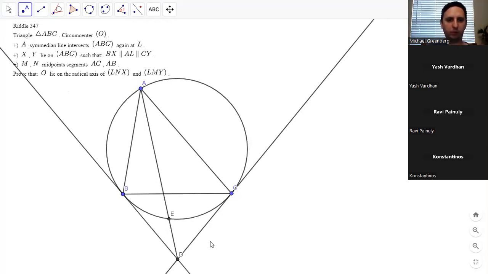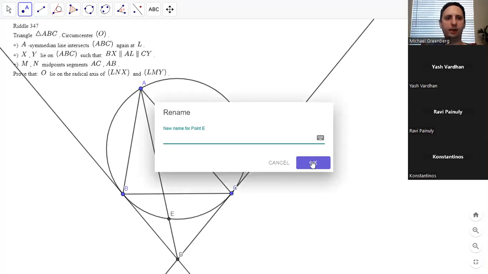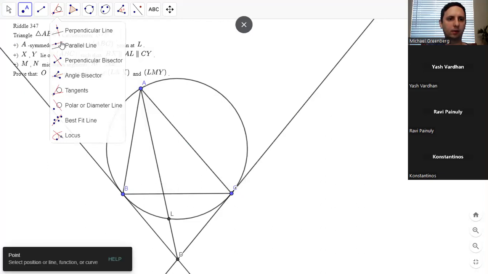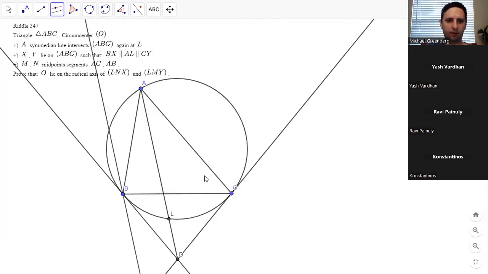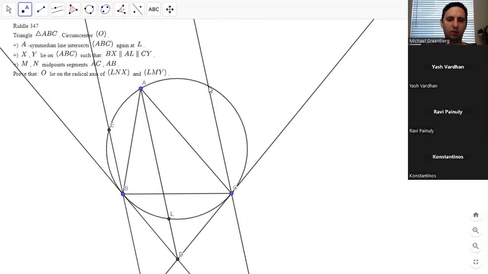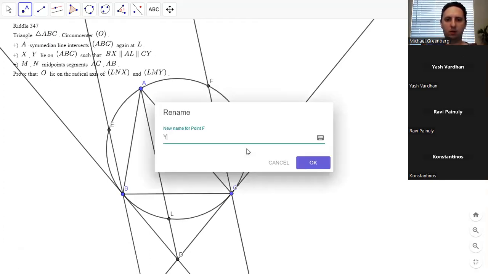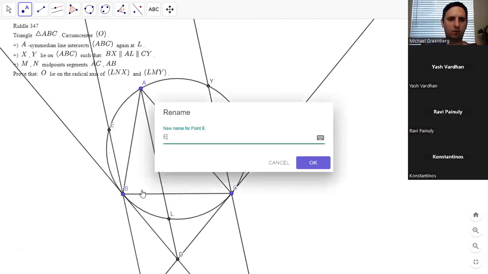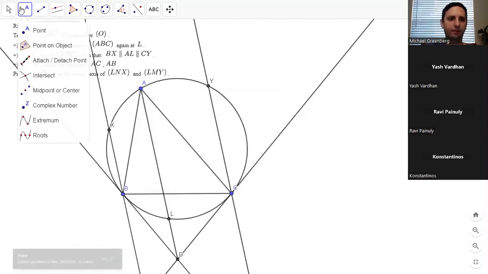And then what we do is we draw the parallel to the symmedian through B and C. And we see where that intersects the circle. So that's at X and Y. And M and N are the midpoints of AC and AB.